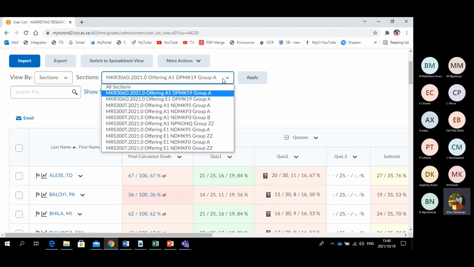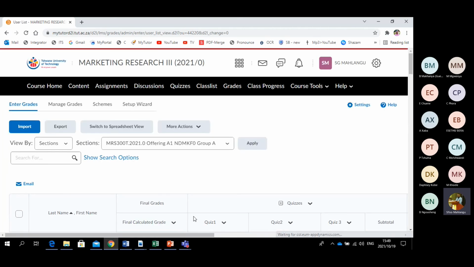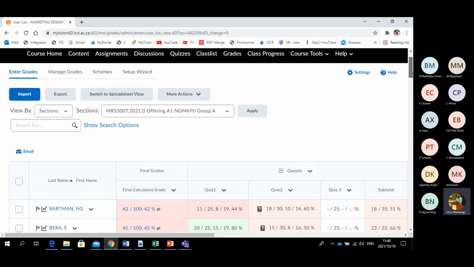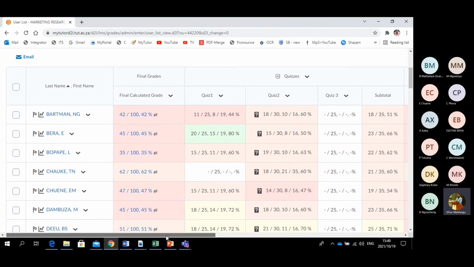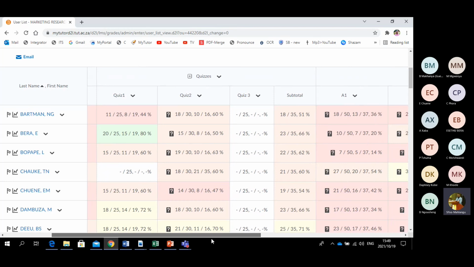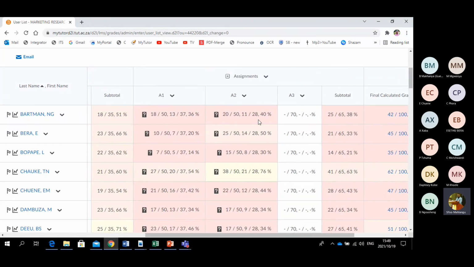This group is Diploma MK19, and the first group is NDMKF0. I'll talk about that group first before I come to the second group, because it will make more sense. These are my students. If you look here, assignment 2 is this one, and you will see the marks here: 40%, 50%, 30%, 76%.